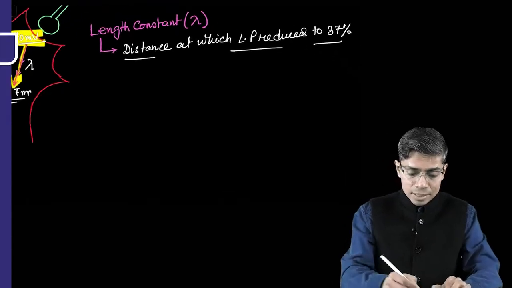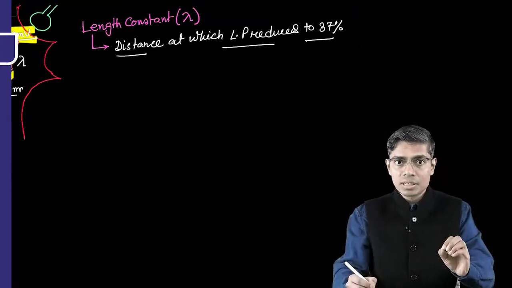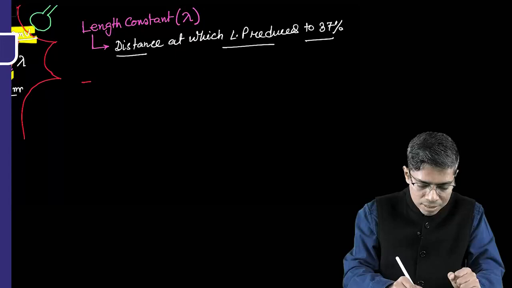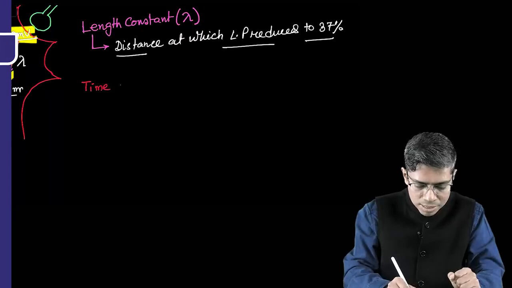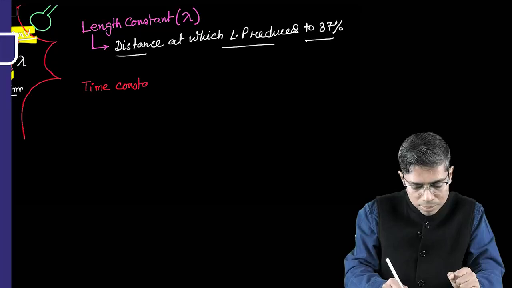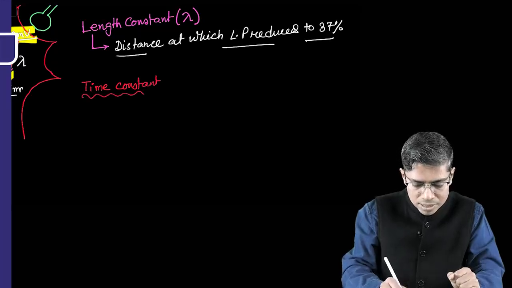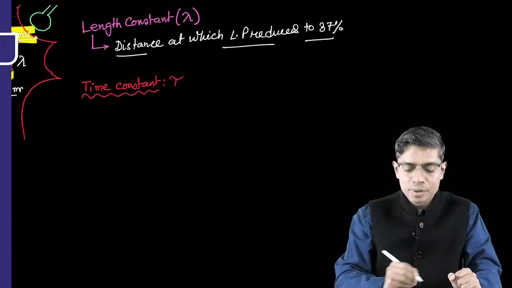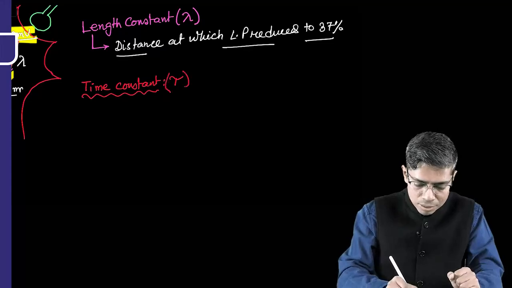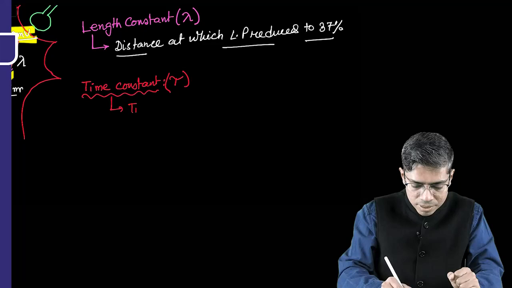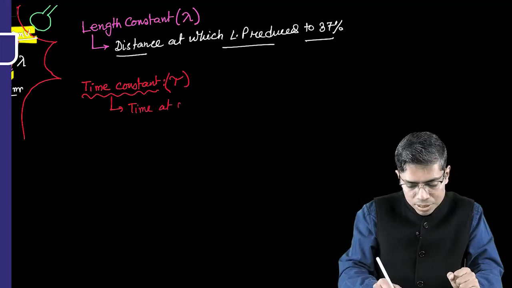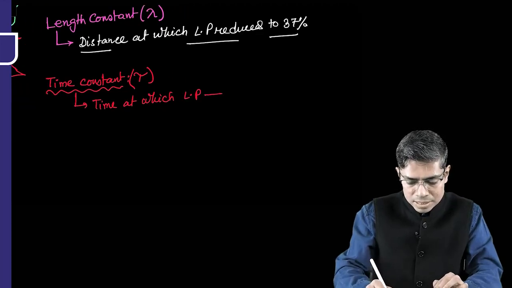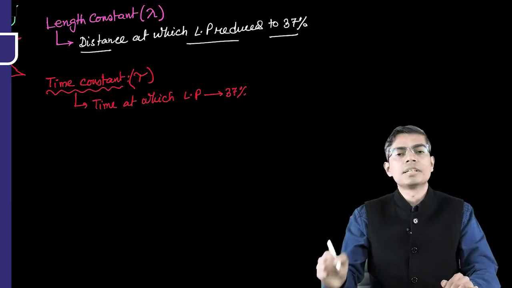So if I calculate the time at which it reduced to 37% of the original, that will be known as the time constant of the local potential. Time constant is denoted by tau, and this tau is equal to the time at which the local potential reduced to 37% of the original, right?